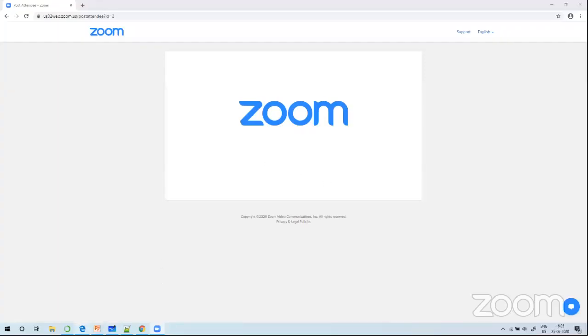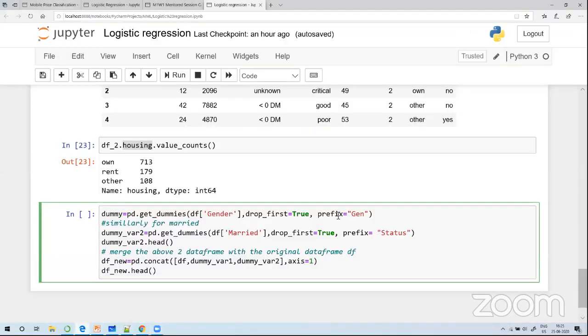And from this, we can change this. This is going to be the dummy variable for housing. So let's see, screen is not visible, sir. One second. Now? Yes, sir. It is visible now.